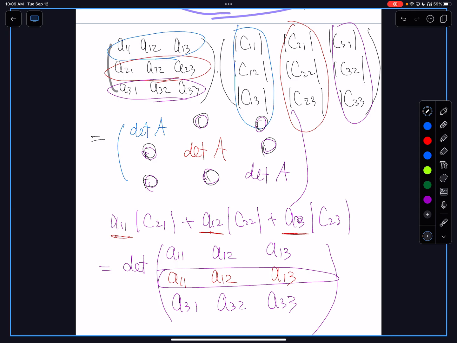All right. So we know that it looks like this. And this looks like what? This looks like the identity matrix, except that it's multiplied by the determinant, right? So that is the determinant of A times the identity matrix.